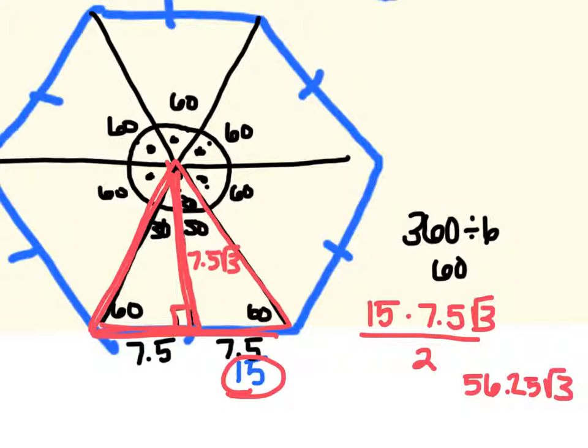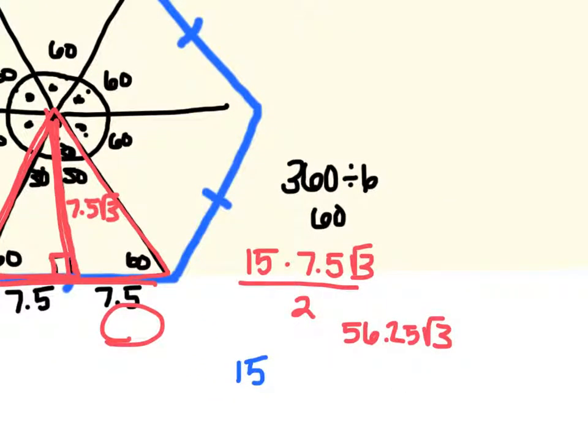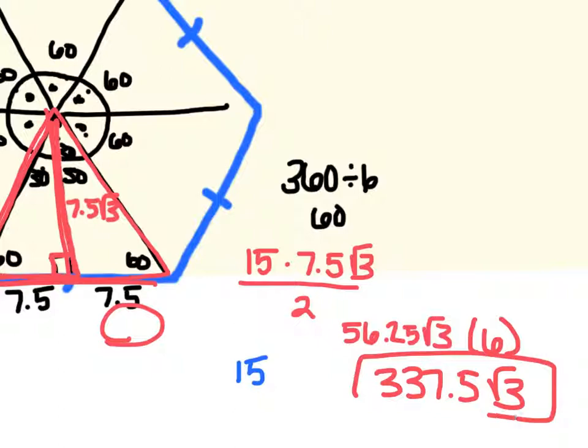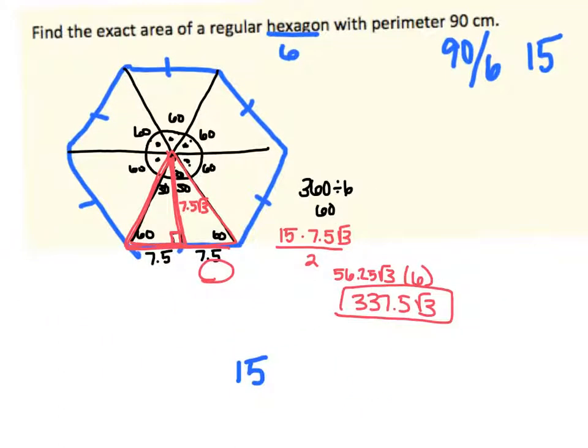So that's the area of one triangle, and since there's 6 of them, I'm going to multiply it by 6 to give me a grand total of 337.5 root 3. Okay, so that's just another application of finding area of polygons.